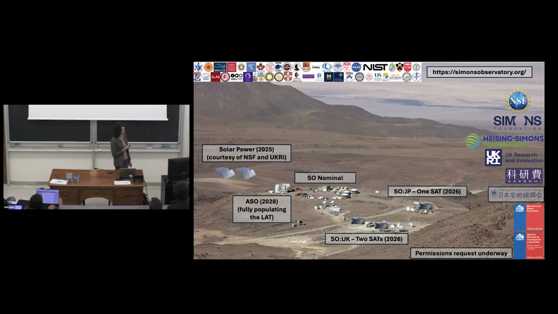And then we have received NSF funding to extend the large aperture telescope to full population of the optics tubes. And the last thing I want to mention is this solar power array funded by a combination of the NSF and the UK research and infrastructure funds that will cover 70% of the operations of the observatory.